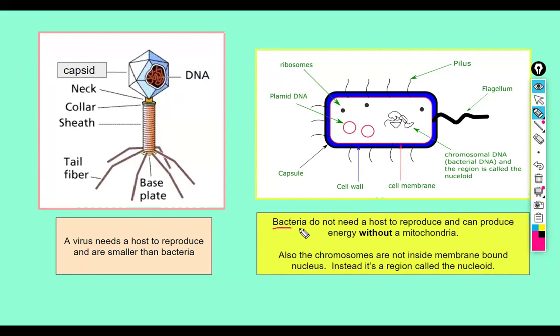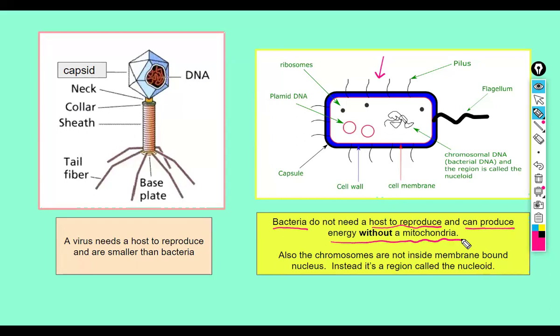Just some facts here about bacteria. Bacteria do not need a host to reproduce. So if this bacteria wanted to duplicate itself, it can do it on its own. It doesn't have to be inside another organism in order to do it. And a lot of bacteria can produce energy without a mitochondria.